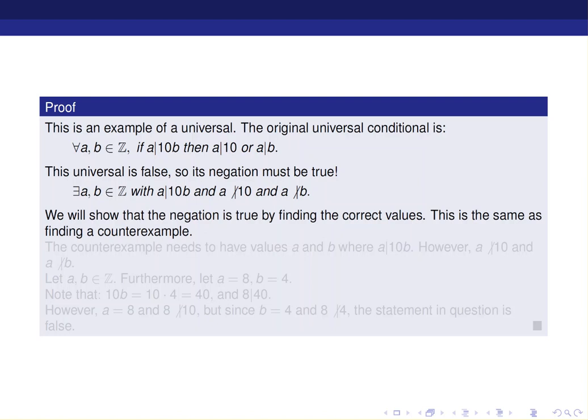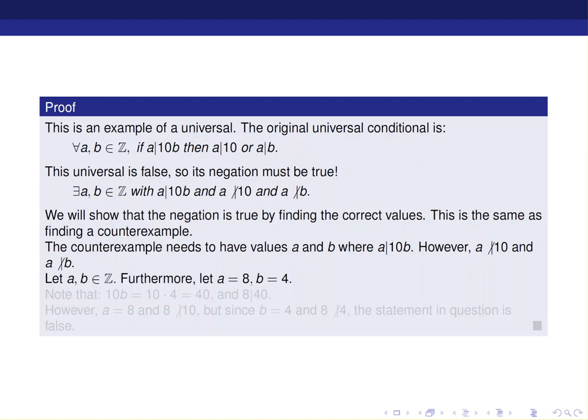In this case, I am going to find a number a that divides 10b, but the number a will not divide 10, and it will not divide the number b. My choice here is a to be 8 and b to be 4. First I'm going to show you that a divides 10b by finding 10b to be 40, which means that a divides 40 is in fact true.